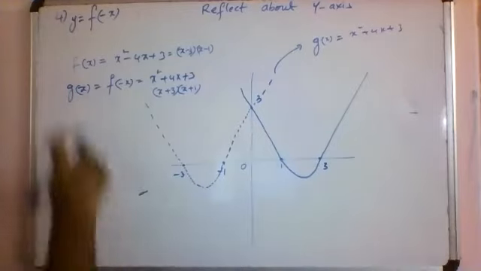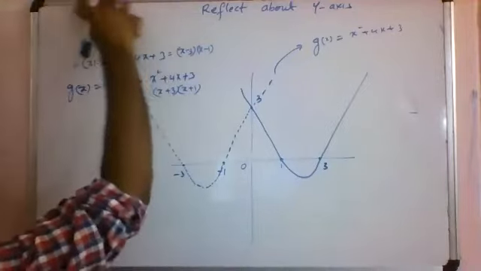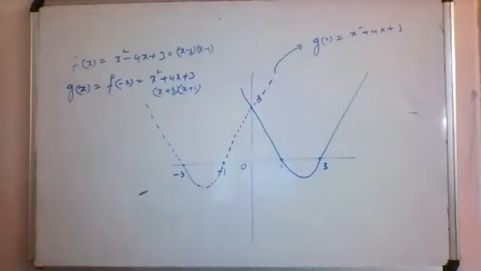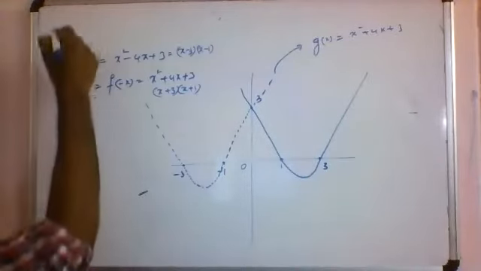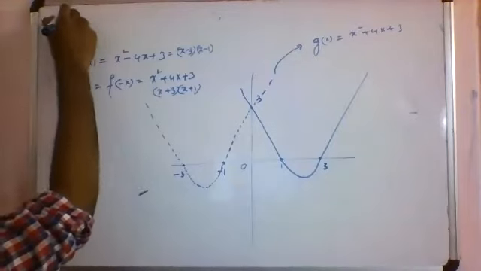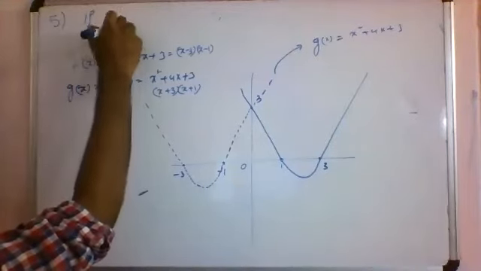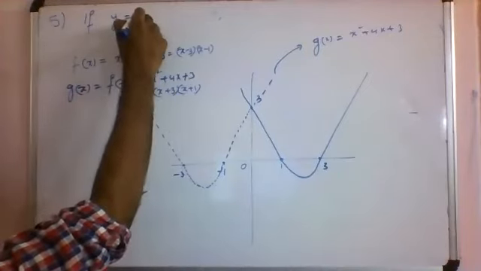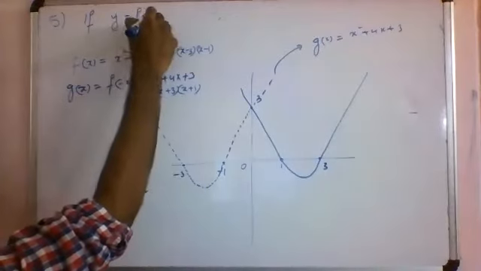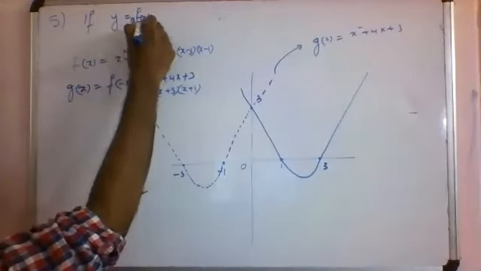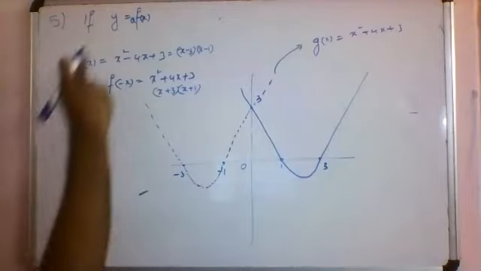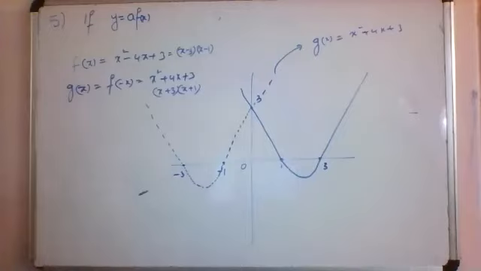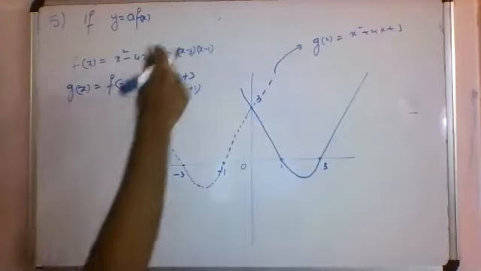Now see type 5. If y is equal to f of x, I write a times f of x. If I multiply the original graph by a, that is y equals a into f of x, then how do we do this?